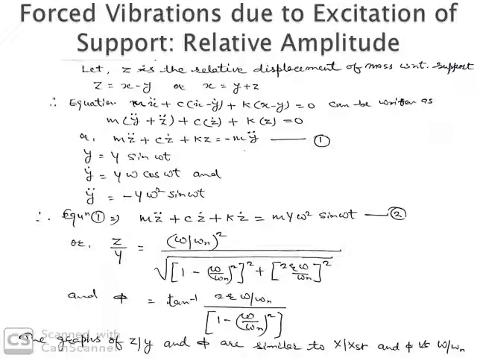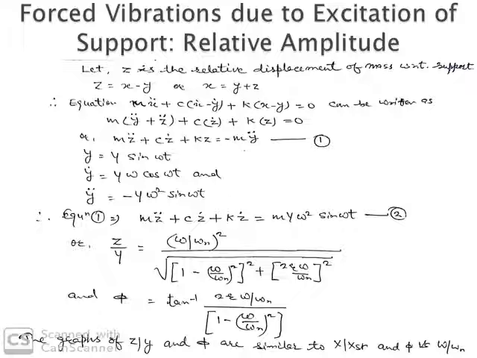Replacing x dot by y dot plus z dot, with x minus y the relative displacement and z dot the relative velocity, the equation may be written as m z double dot plus c z dot plus k z equals minus m y double dot.